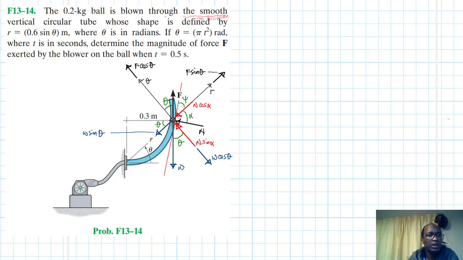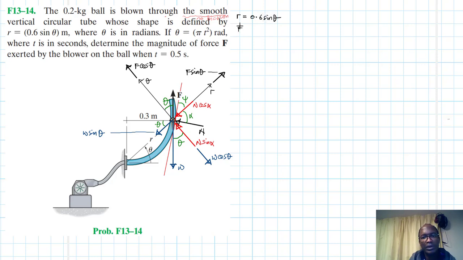So we can start writing down the equations. Maybe before we do that, let's work out the values of a_r as well as a_theta. So let's start with finding what r dot and r double dot are. Our r we've been told is equal to 0.6 sin theta.